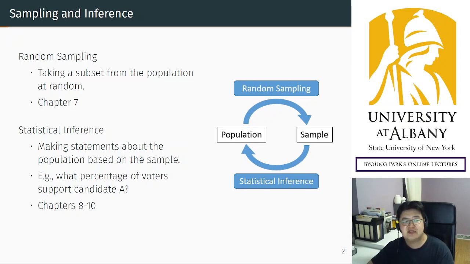Statistical inference is to make statements or make inferences about the population based on the sample. For example, say the population is all voters in the presidential election, and the sample is a political survey or political poll observed, like respondents. Then the statistical inference is to guess who is going to win the election based on the political surveys. That is the big picture of what we are doing here.